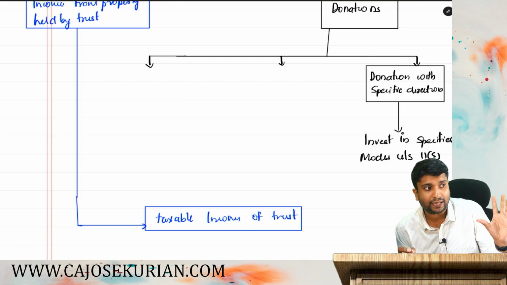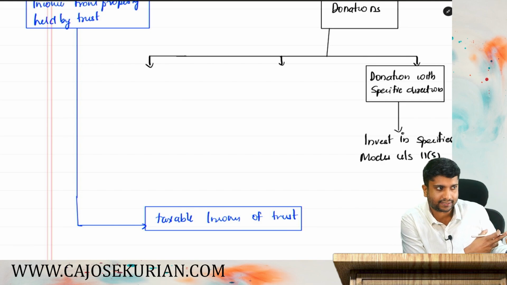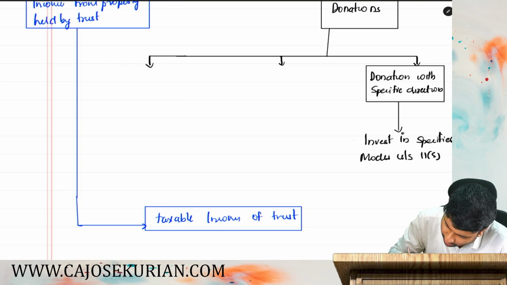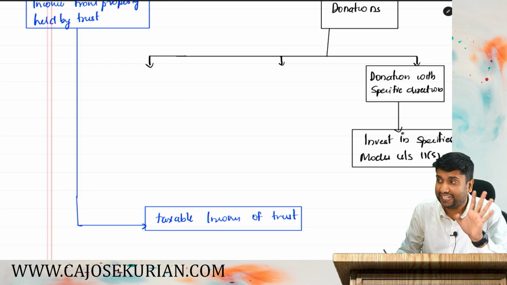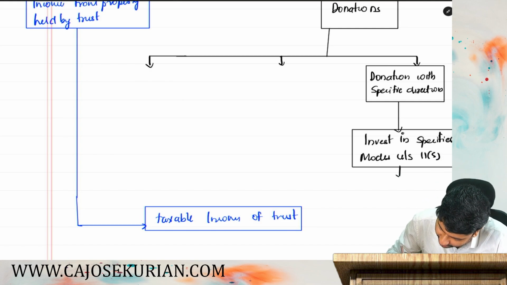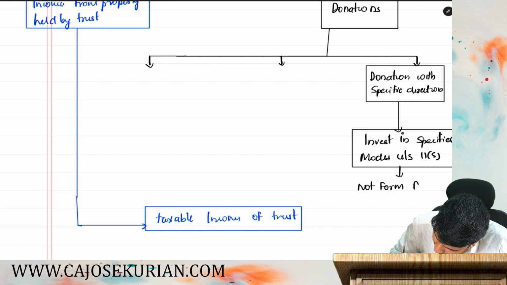They are not supposed to keep that fund as money in their hands. So they should invest this amount in specified modes under 11 subsection 5. If they invest it like this, then it shall not form part of taxable income.